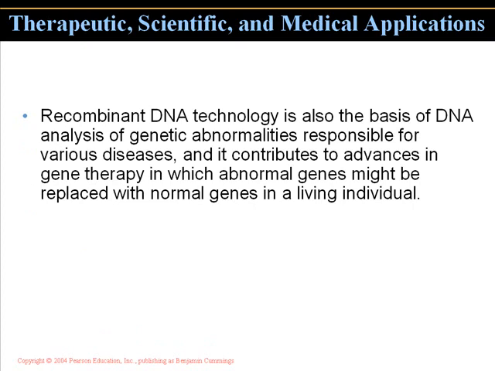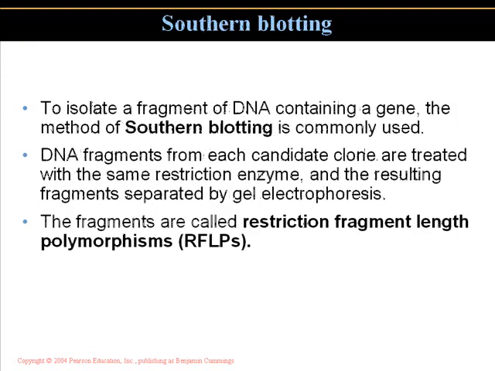Recombinant DNA technology was also used in the basis of DNA analysis of genetic abnormalities responsible for various diseases. It also contributed to advances in gene therapy, in which abnormal genes might be replaced by normal genes in living individuals.